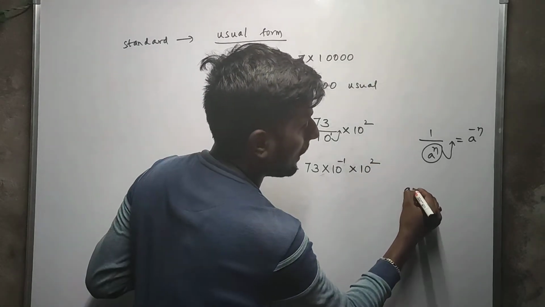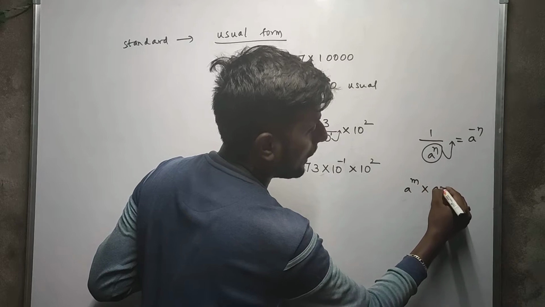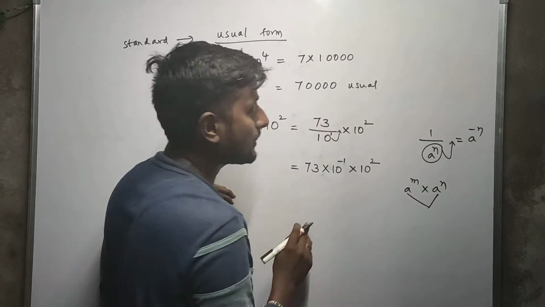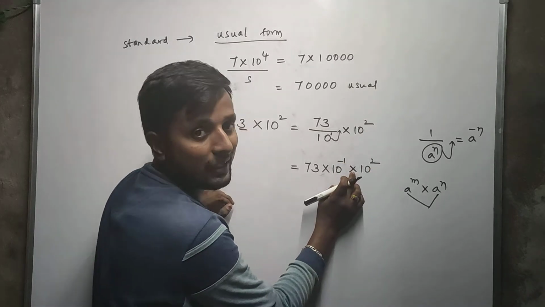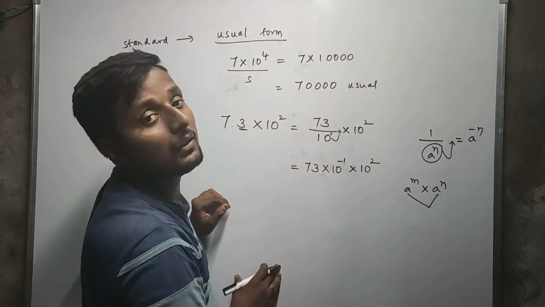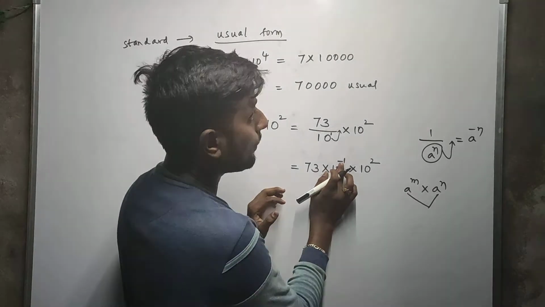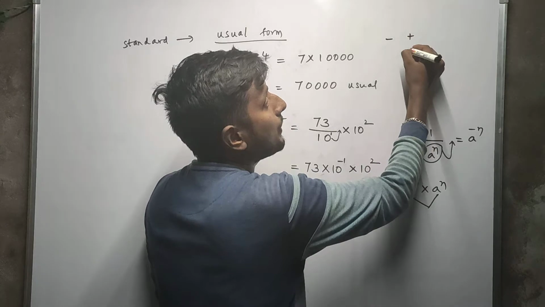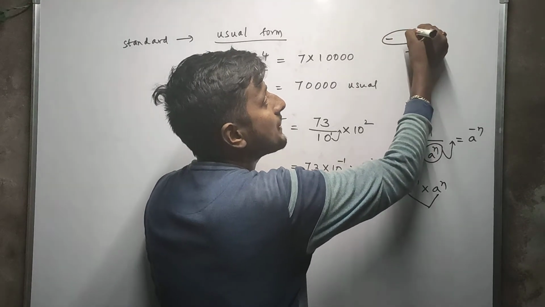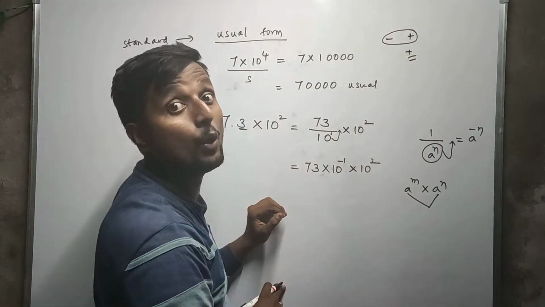So we have a formula a power m into a power n. When we have the same base with exponents and multiplication, we add the exponents. Minus 1 time plus 2 times. Minus and plus cancel, so plus is left. How many times left?